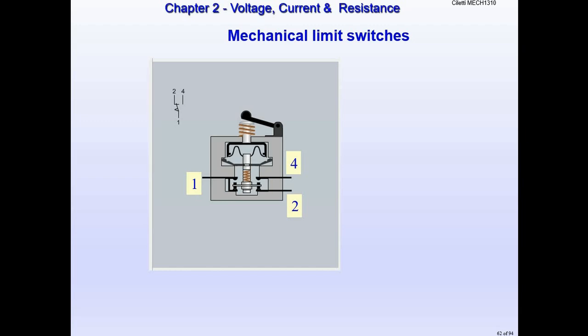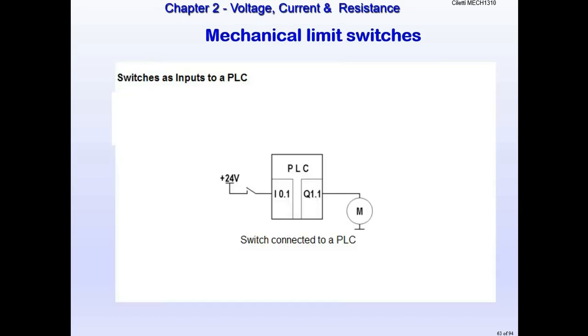When that mechanical movement presses down and closes the contactor, we are completing the flow of electricity. We're making an electrical connection using a mechanical movement. That's what a limit switch does: we take a mechanical movement, pushing a button, so to speak, and make it create an electrical connection.